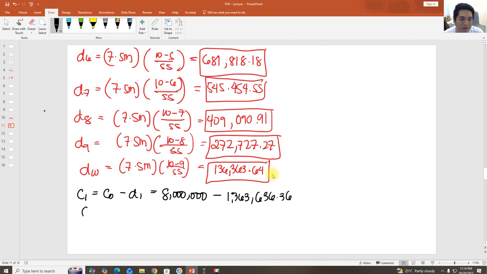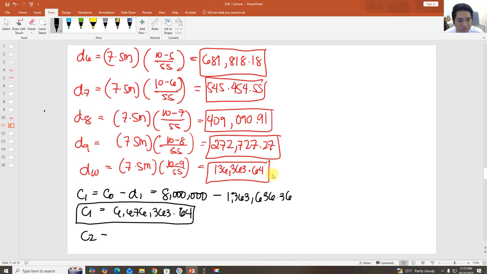Okay, so again, you can compute it up to the end, so that we can get C sub 1 as 6,636,363.64. So that is our book value for the first year. So for C sub 2, do the following. C sub 0, again, the first cost, minus the summation of D1 and D2.